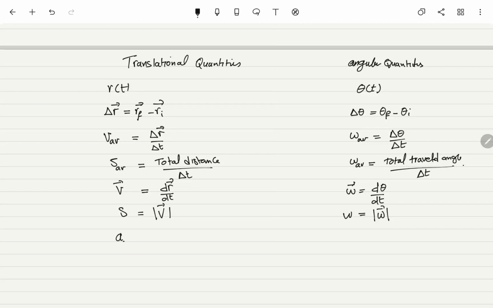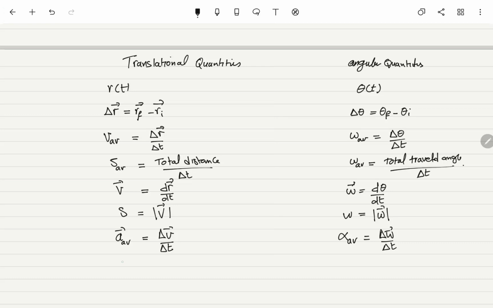Average acceleration is defined as delta v by delta t. Acceleration in rotational motion, or in angular quantities, is defined as alpha average, which equals delta omega by delta t.